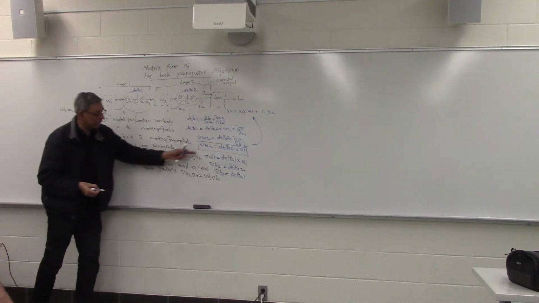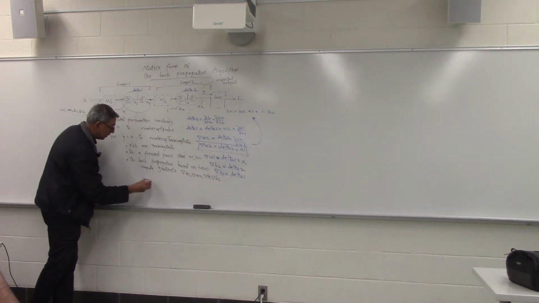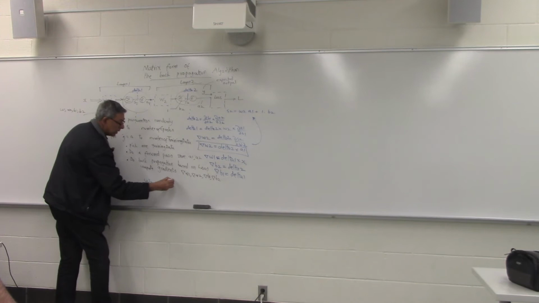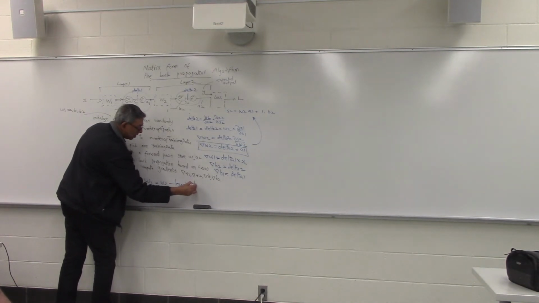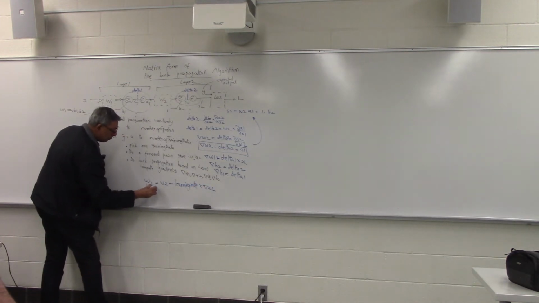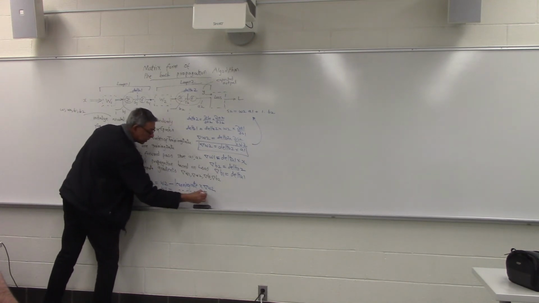Once we have all the gradients computed, we go and update the weights. W2 will become W2 minus the learning rate times del W2. W1 will become W1 minus the learning rate times del W1.